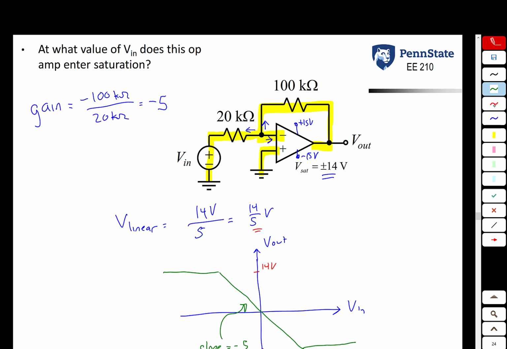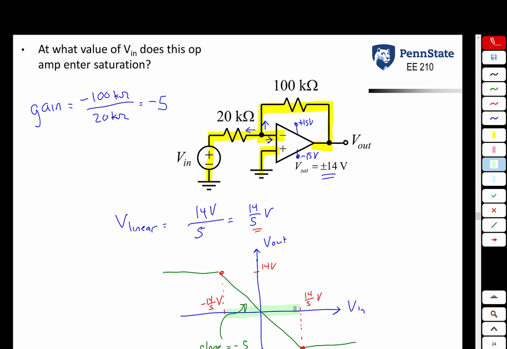To determine the linear region then, we basically have to find what input gives us the minus 14 volt saturation or the plus 14 volt saturation, and we saw in the math above that it was plus and minus 14/5 of a volt. So the linear region for this circuit would be plus or minus 14/5 of a volt.